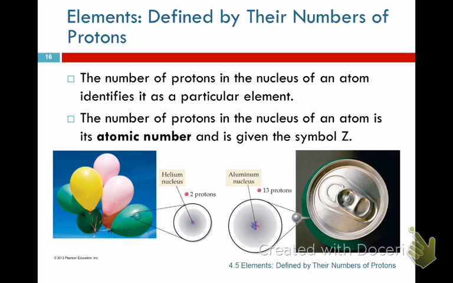So we have a periodic table, and this is an important number. It's called the atomic number. The atomic number is the number of protons in the nucleus.